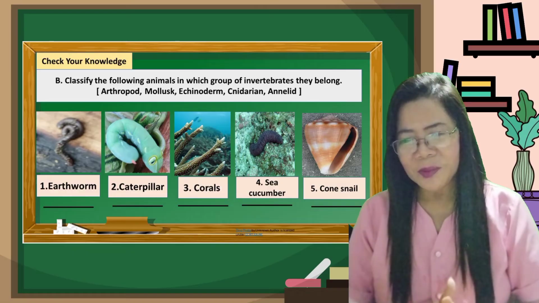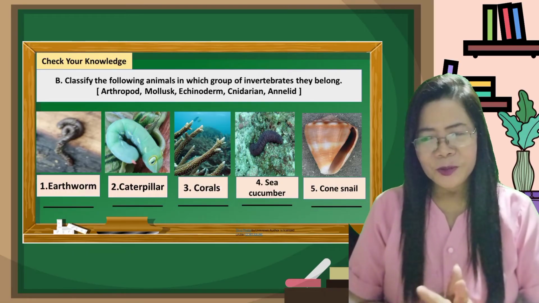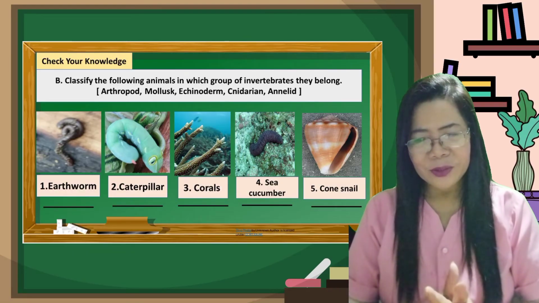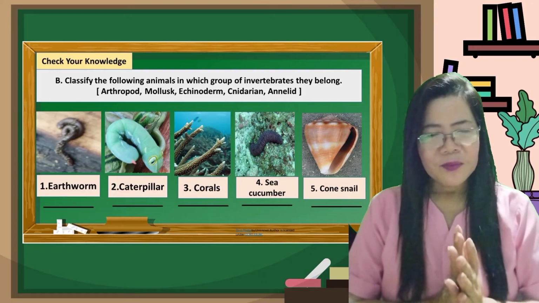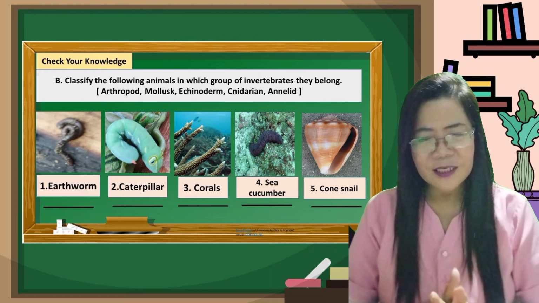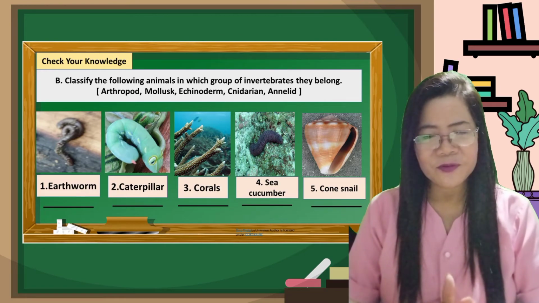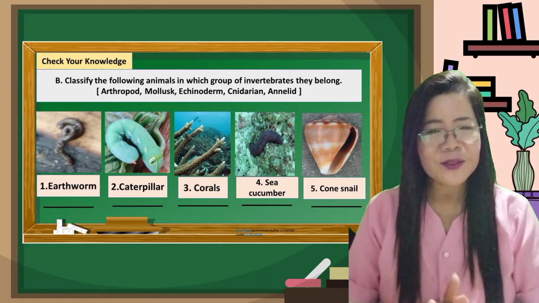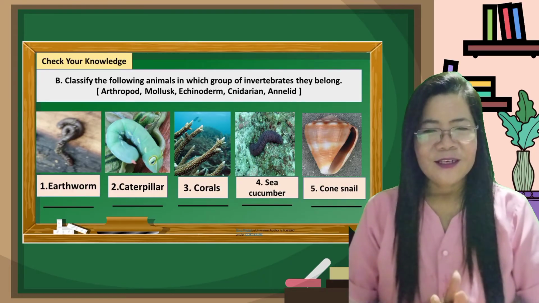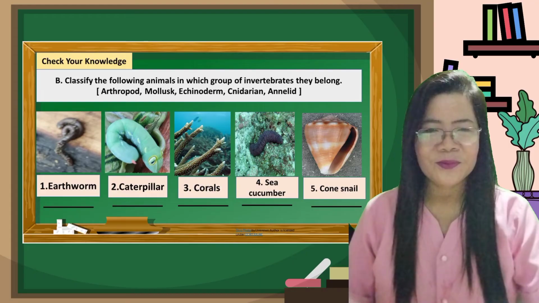So observe the pictures. Number 1, earthworm. Number 2, caterpillar. Picture number 3, corals. Picture number 4, sea cucumber. Picture number 5, cone snail. Again, you are given 5 seconds to answer the activity. Go!